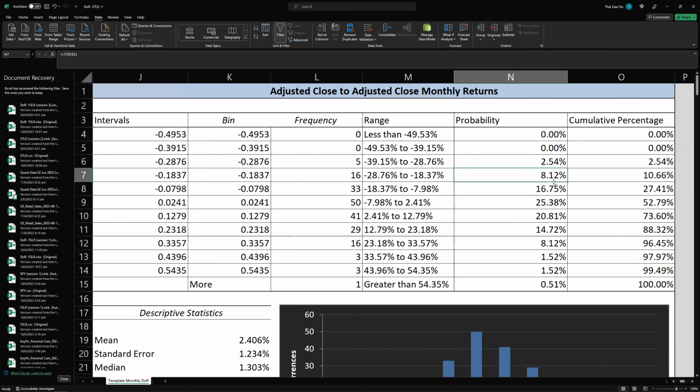You do 100 minus 8.12, and you get the proportion of data points where First Solar returned negative 18.37 and above. The above portion is meant for you to set your TP level. The below portion is meant for you to set your stop loss level, so at least you get an idea of the probability of getting stopped out.